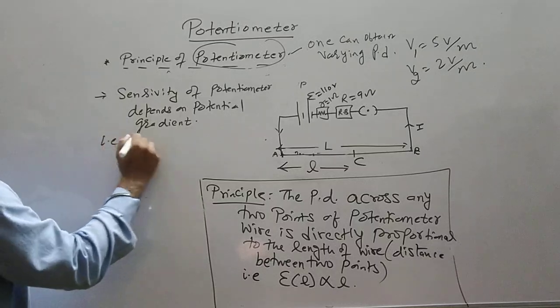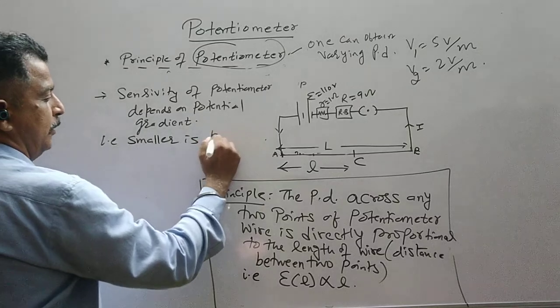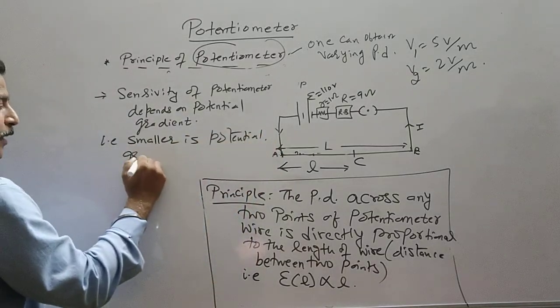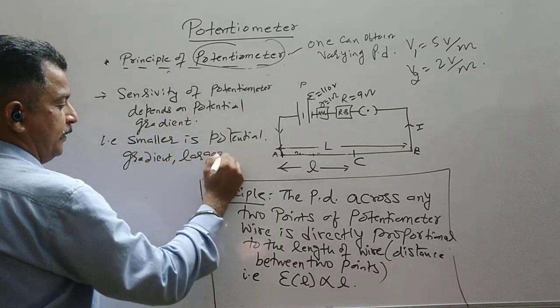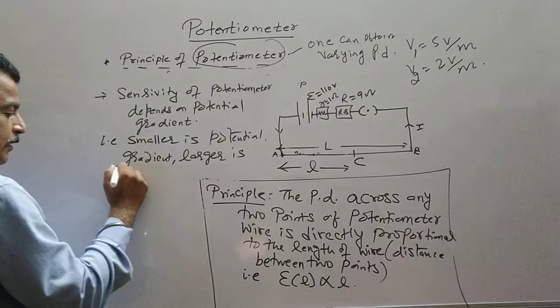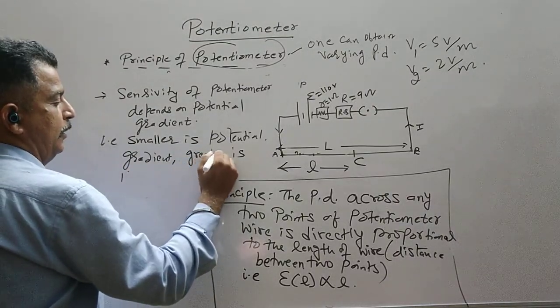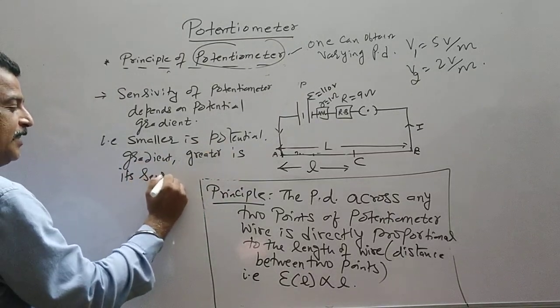That is, smaller is potential gradient, larger, or let us say greater, is its sensitivity.